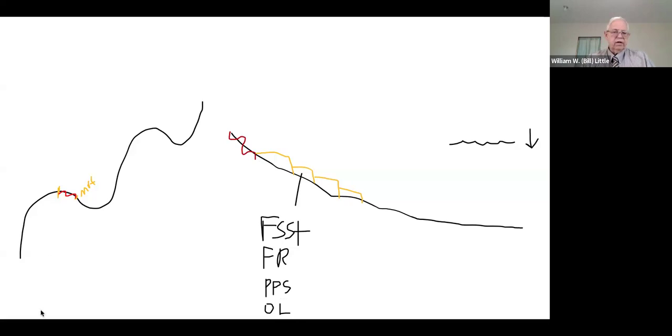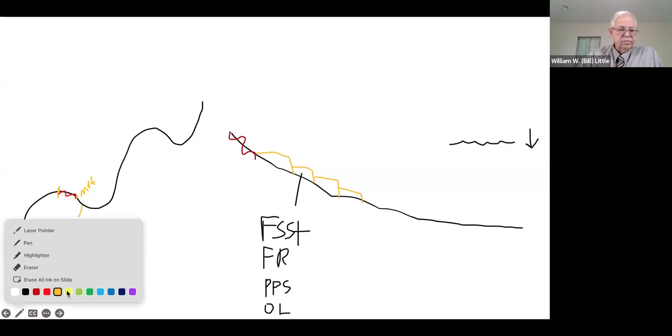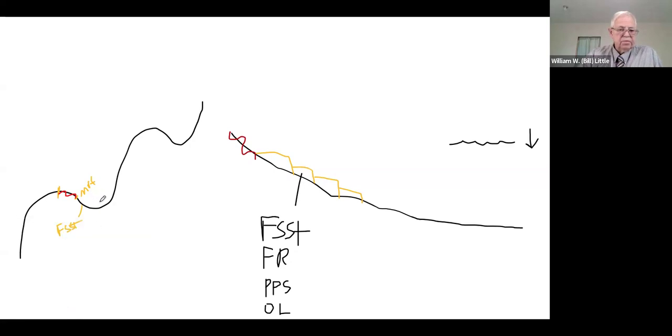And so if we look at that over into this area here, this zone here on this sea level curve is going to represent the falling stage systems tract. Okay, once we get to this point here, we're looking at low stand.